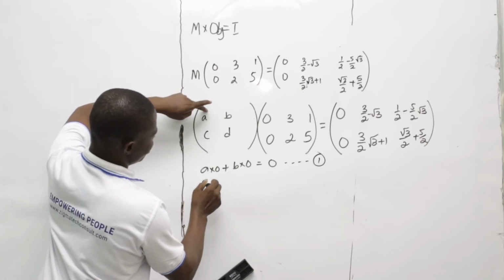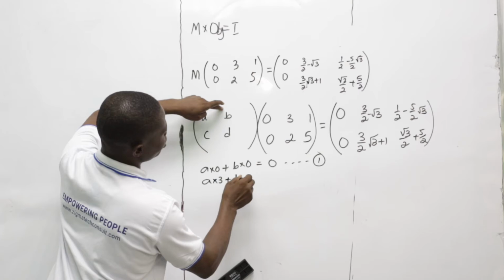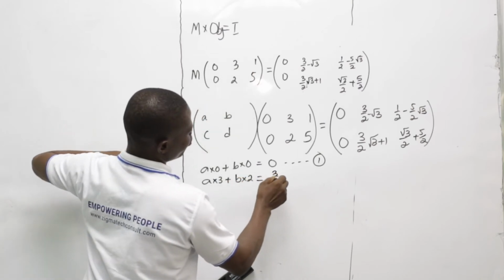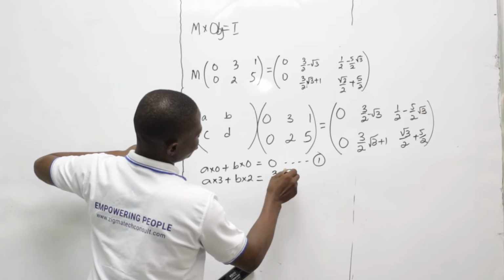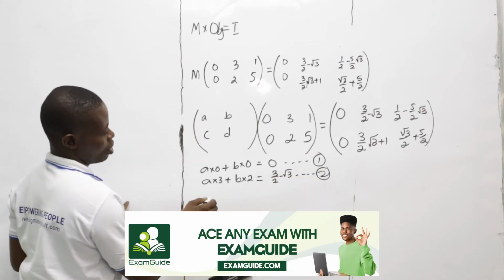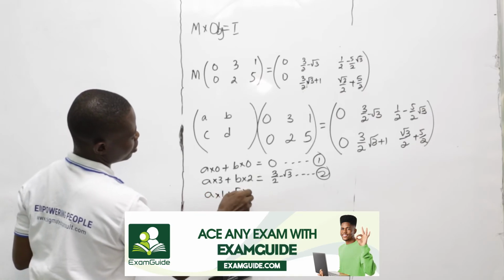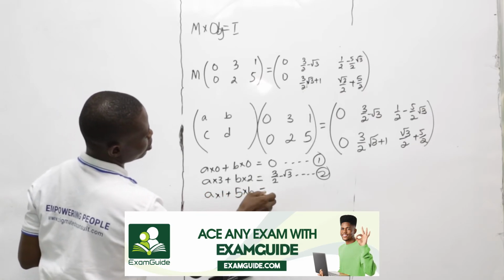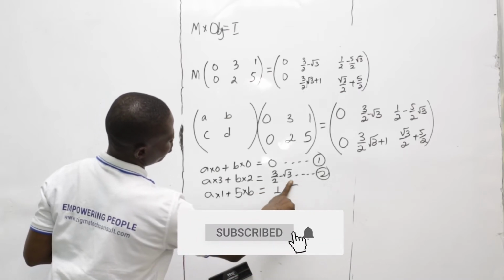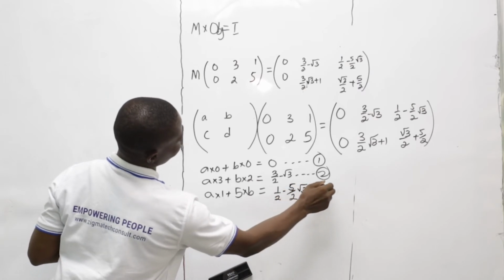Then A times 3 plus B times 2 equals 3 over 2 minus root 3, equation 2. A times 1 plus 5 times B equals 1 over 2 minus 5 over 2 root 3, equation 3.